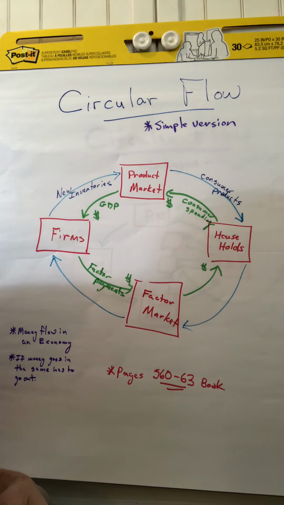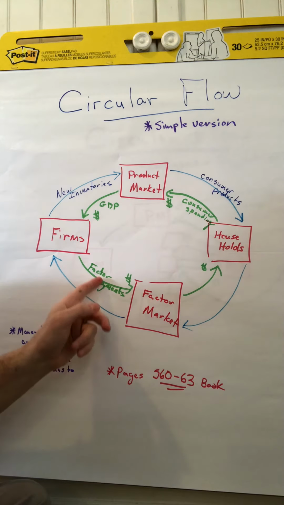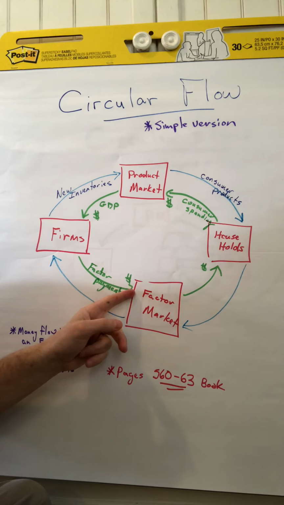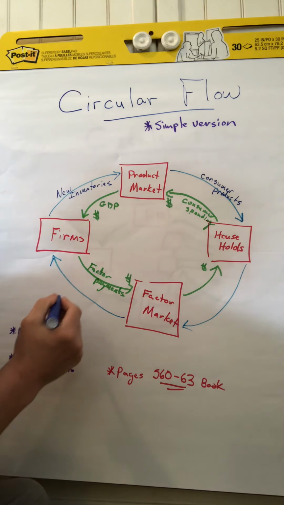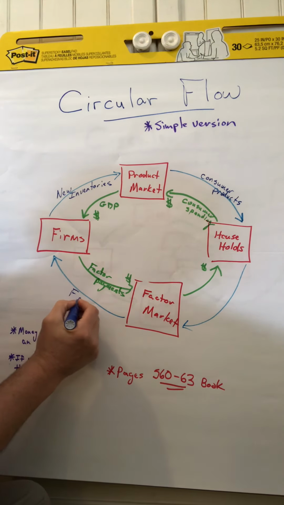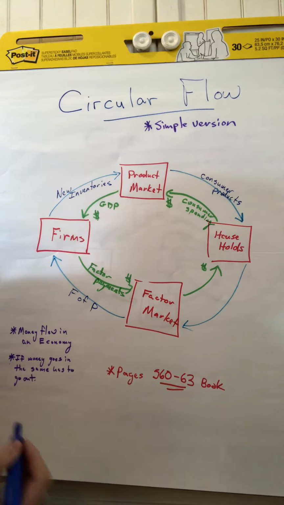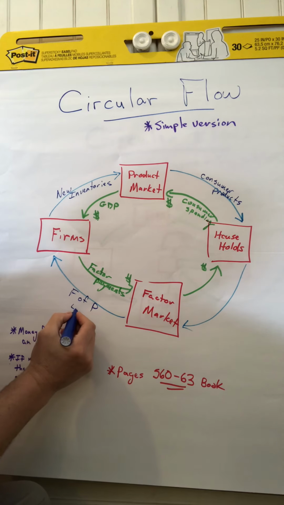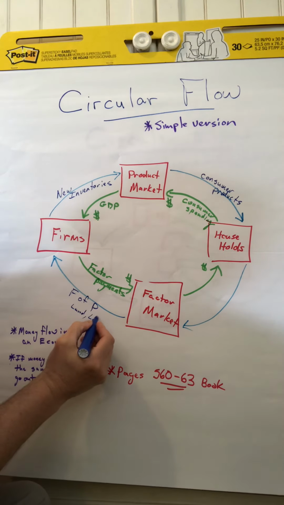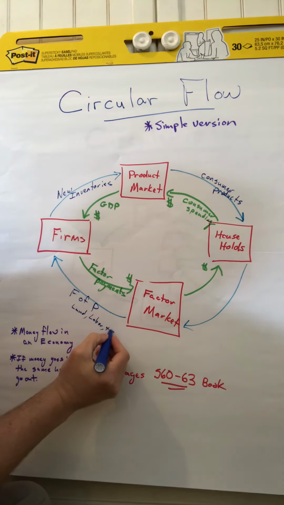When they spend those factor payments, the money gets to the factor market. In return, they get the F of P. And of course, F of P is the factors of production, which would be land, labor, and capital.